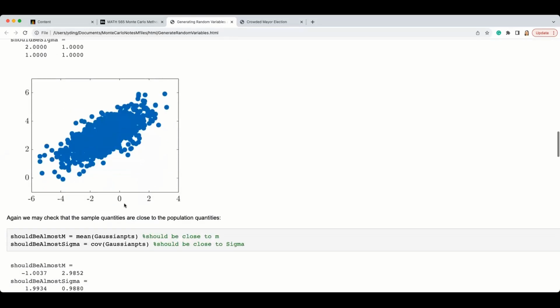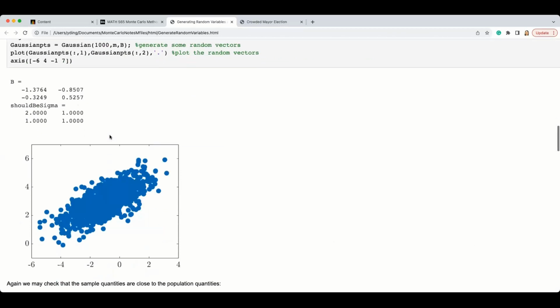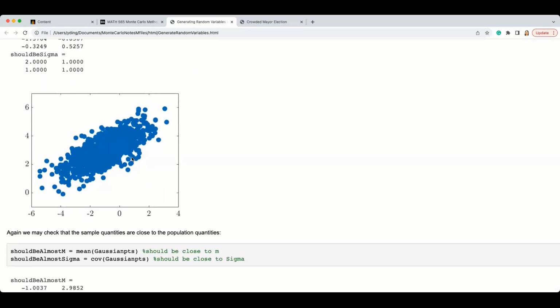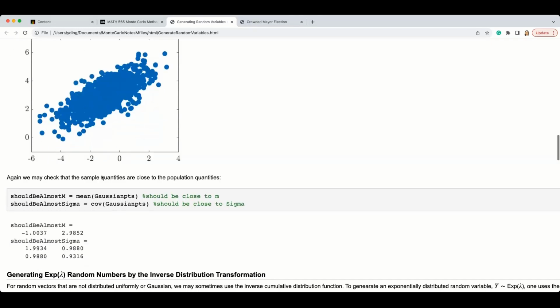You can see these points will be a little different from what we had before. But of course we know it should be centered at minus 1 and 3. So we check this mean and covariance here: minus 1, 3, 2, 1, 1, 1. So it's supposed to be close.